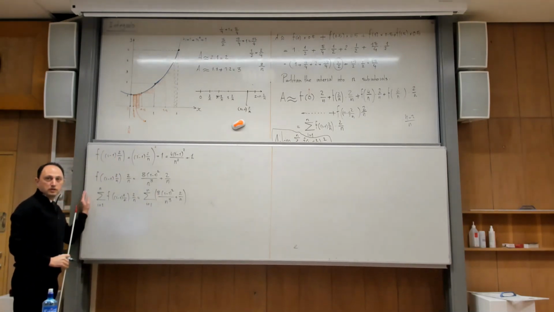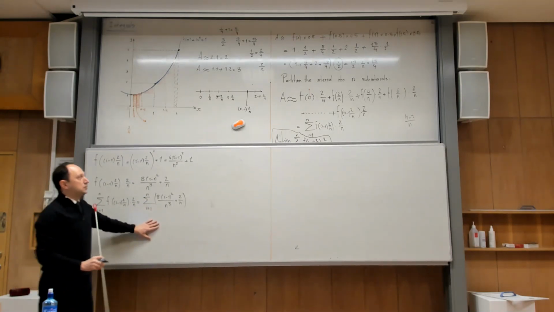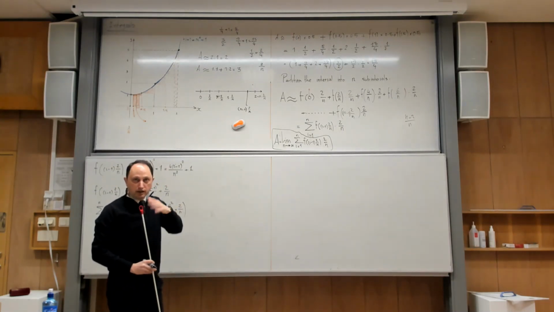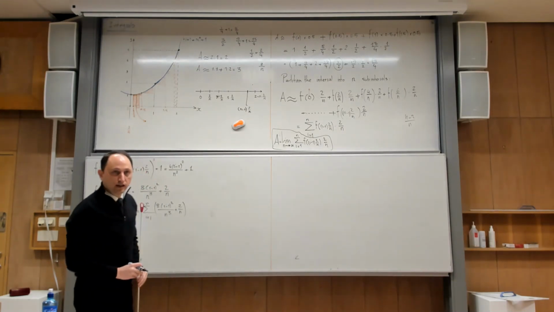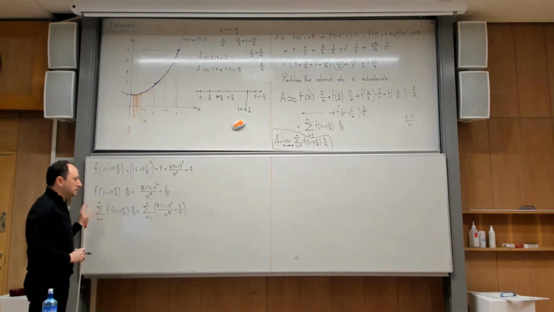If I can calculate this sigma, from that expression I should be able, hopefully, to take the limit and send n to infinity. If I can do all these things, then I will get the value for the area. But let us try to see if we can calculate this sum.